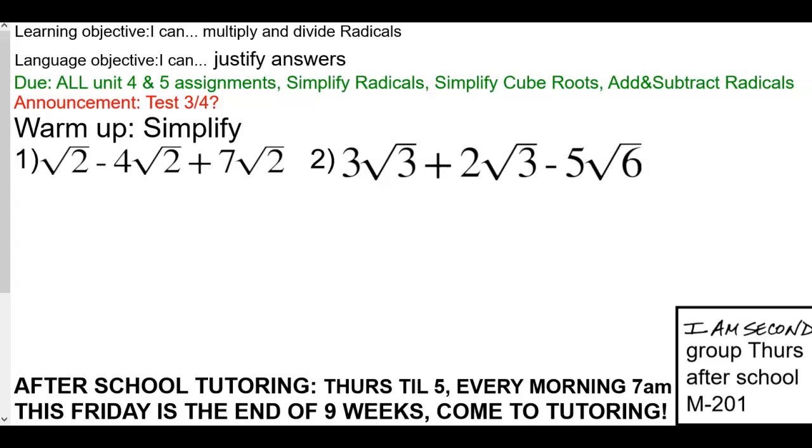All right, now let's do this warm-up. We learned, just like with variables, you can only combine like terms, right? So on number 1, and by the way, if you're taking a test, just do the test. Don't worry about it. Are all these square roots the same on number 1? Yeah. Now, if there's no number, there's a 1 here, right? So you got a 1 minus 4 plus 7.